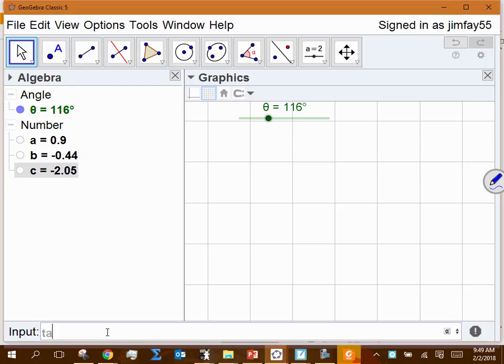And then if I take tangent of theta, the relationship should be that these last two numbers that I've typed in here should be the same. So C and D here, C being sine of theta divided by cosine of theta, and D being tangent of theta. What I want you to understand is that GeoGebra is calculating these two things differently, right? It's looking at different components of our angle to come up with these numbers.